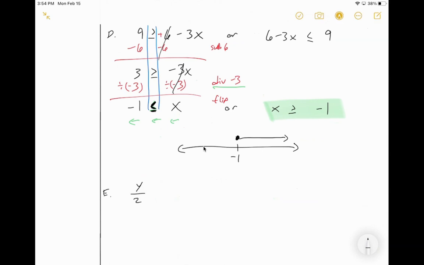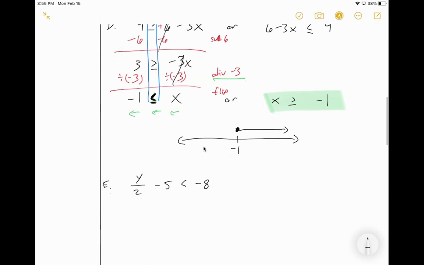Y over 2 minus 5 is less than negative 8. Y divided by 2 minus 5 is less than negative 8. Okay. Here we go.